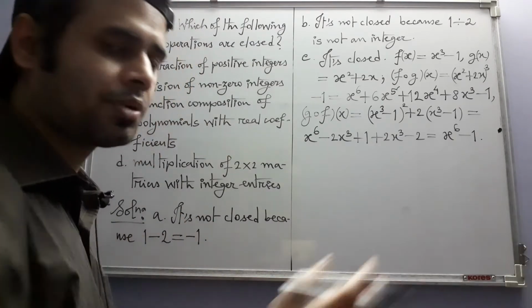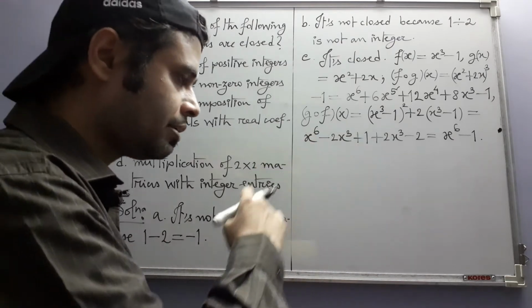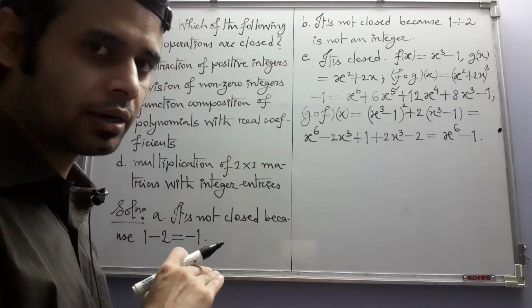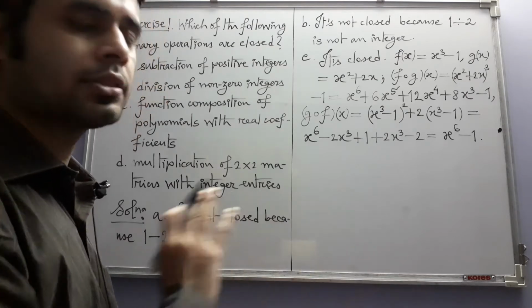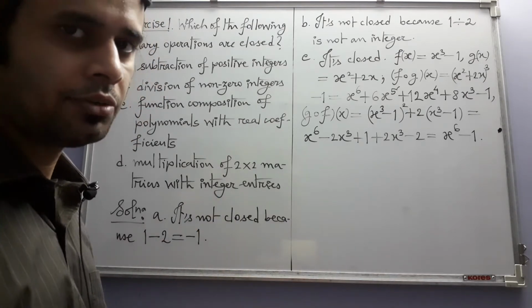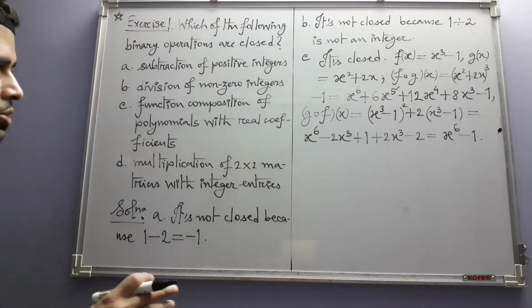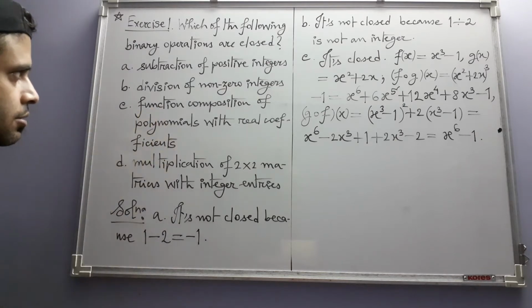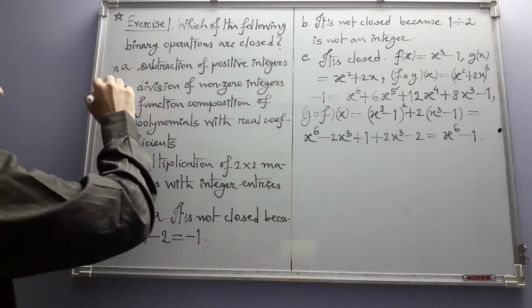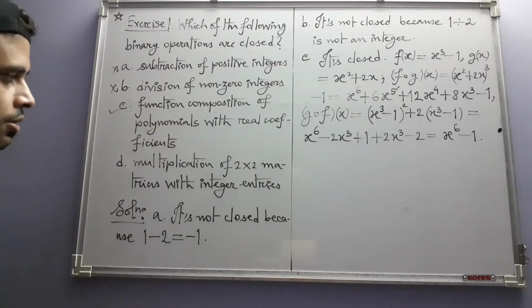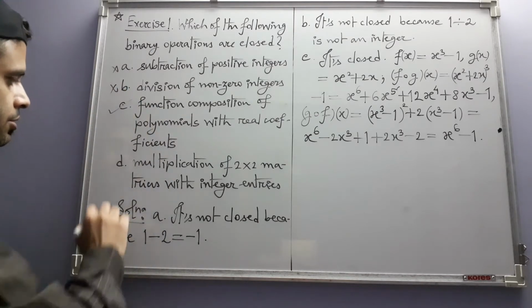That means you are multiplying polynomials, multiplying those powers by real numbers and then adding such terms, so that ultimately will give you a polynomial. So that's why this operation is closed. This is not closed, this is not closed, this is closed. The fourth one is also closed.